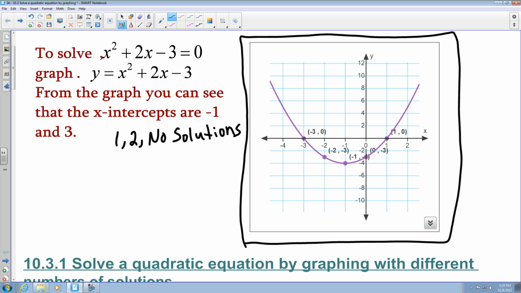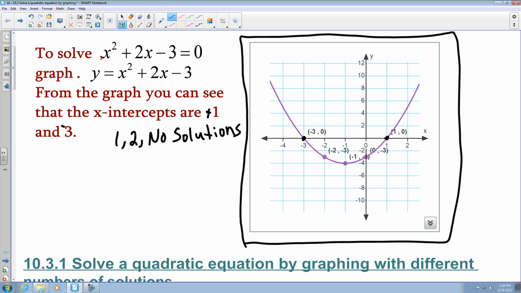We have a cross here at -3, 0, and right here at 1, 0. If you look in the literature, it should be a +1 and a -3. I apologize for the typo. And so we can determine that it has two solutions.